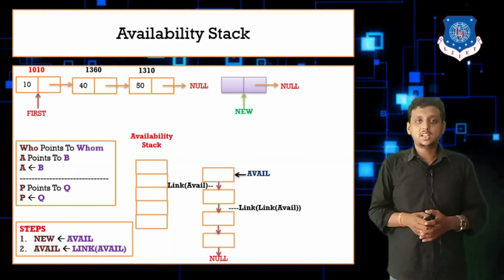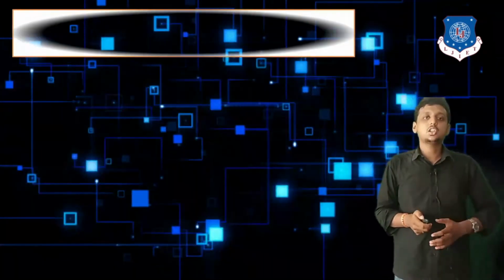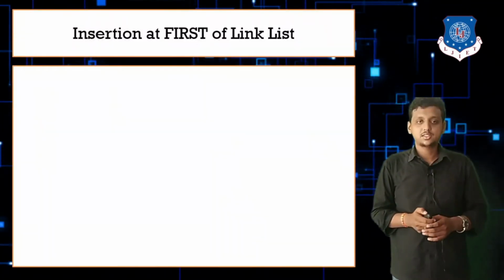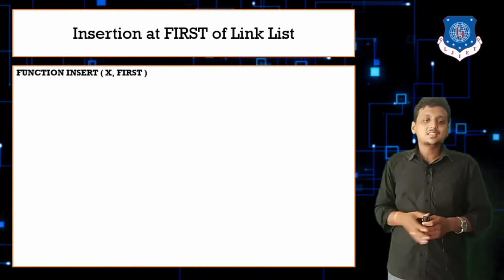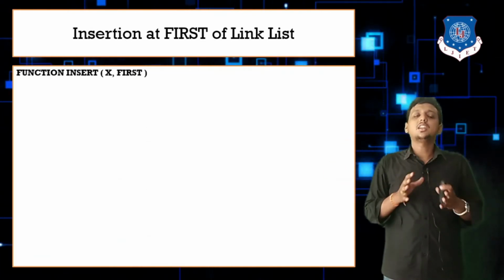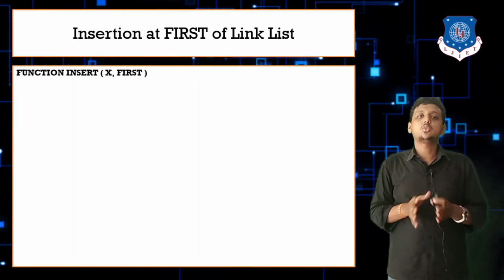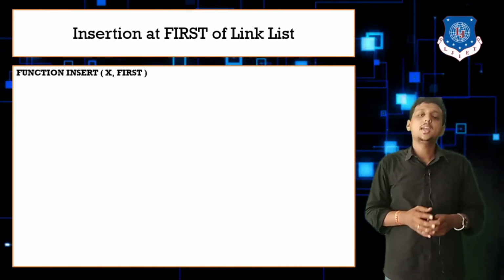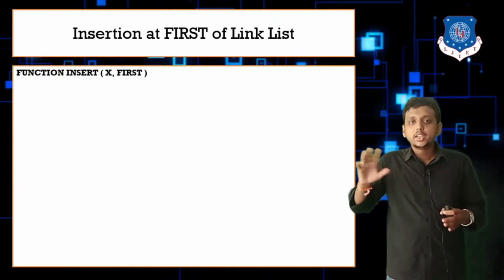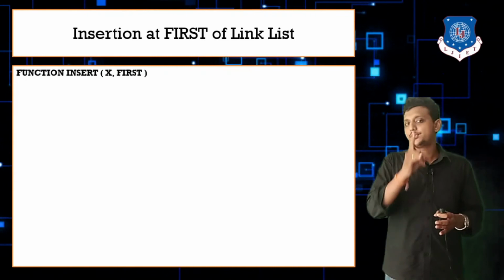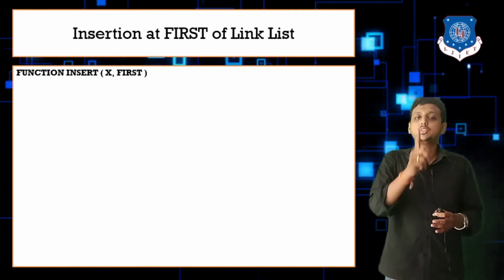Now keep this concept in your mind and we'll move forward to our next step, which is known as the first algorithm of the linked list, insertion at the first of linked list. So the insertion algorithms of the linked list are known as functions. Why? Because inside these algorithms we are going to return the address of the new node or address of the first node.